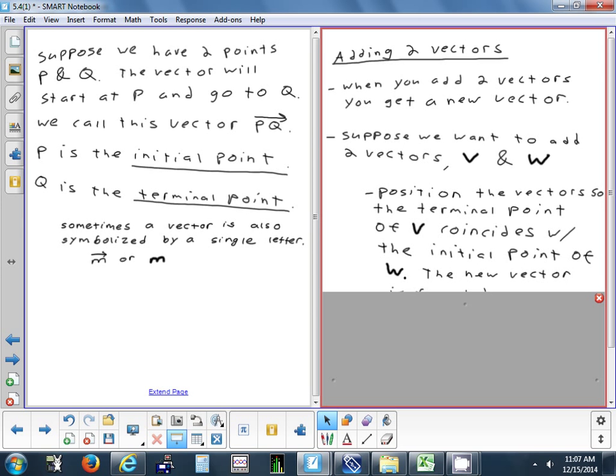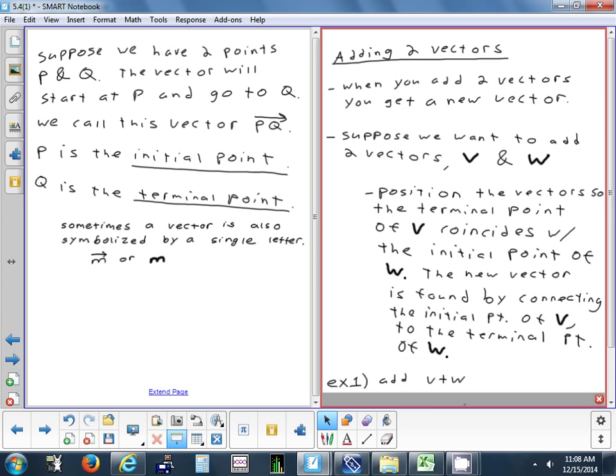And this is how you add vectors visually. To do it visually, you basically have to line up some of the initial and terminal points. So if you want to add together v and w, you're going to position those 2 vectors so that the end point of v and the initial point of w are right on top of each other. And I'll show you an example.